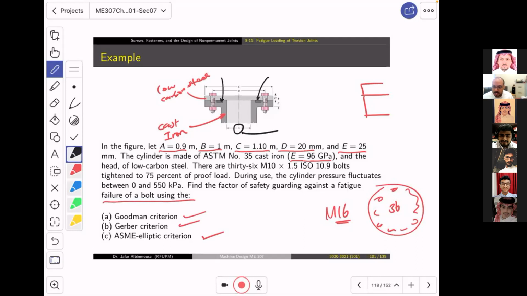It has a little bit bigger diameter, but in the question, we were not told. So if you are not told, you will assume that the area is A. If you were told the effective diameter for the seal or something like that, then you should use that diameter. Okay? Now, so what are we gonna do?